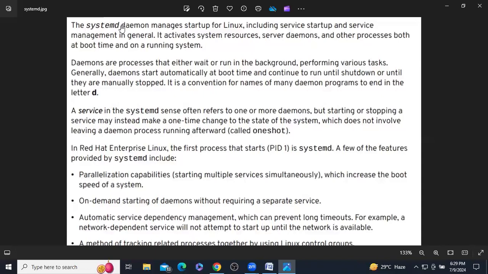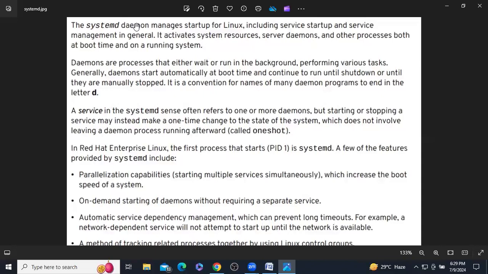So systemd is a daemon. Daemon means devil. Usually we say to a few people, you work like a demon. From morning to evening you are working like a devil, we say, right?